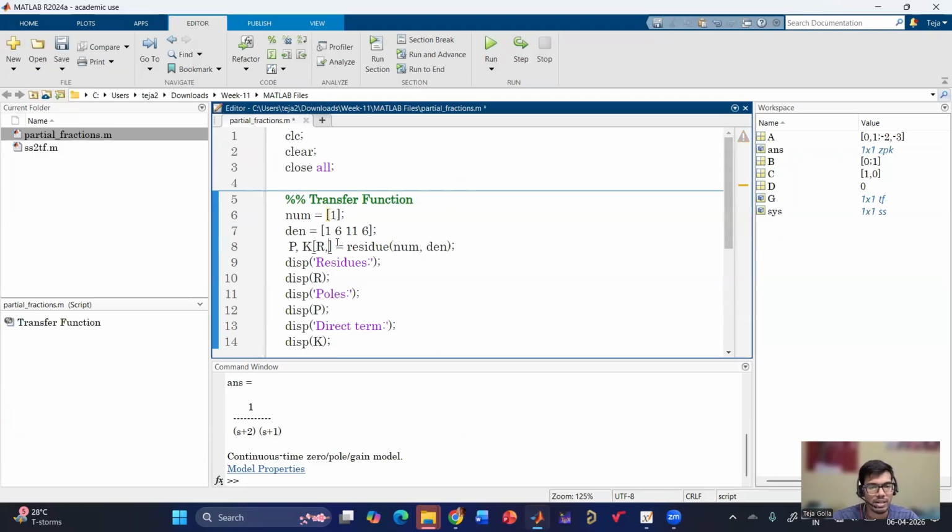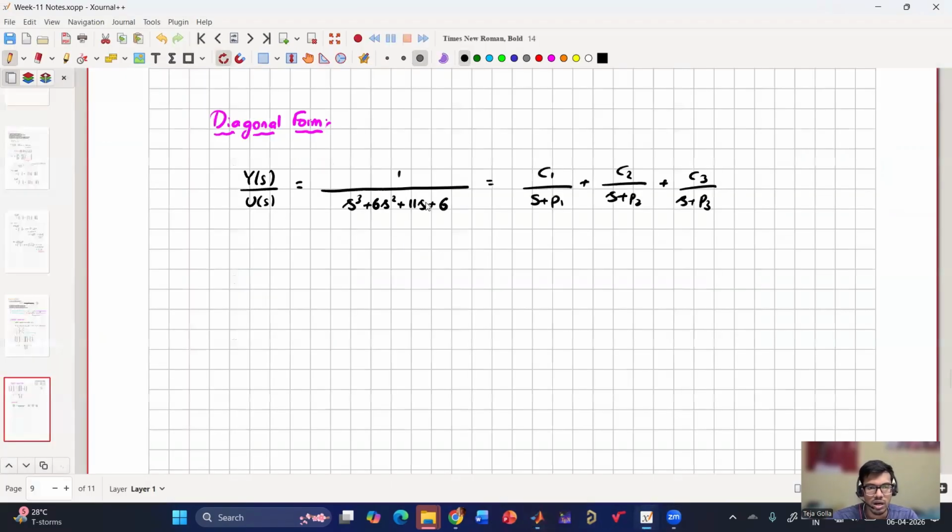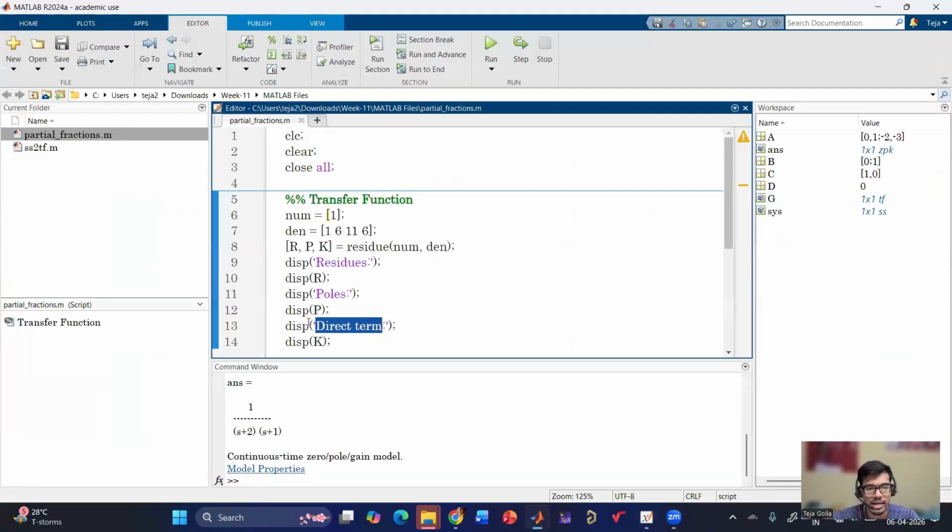And this is the command residue of numerator and denominator, which will give the residues, which are the constants, and P is the pole individually. And the direct term is the constant you get if the transfer function is proper rather than strictly proper, maybe 1, maybe half, 2. Here we have a strictly proper transfer function. So now let me run this.